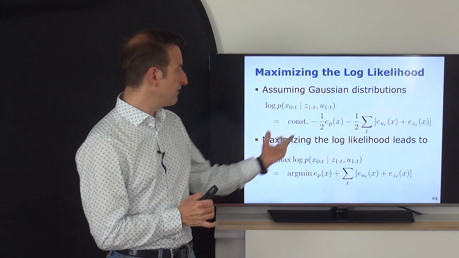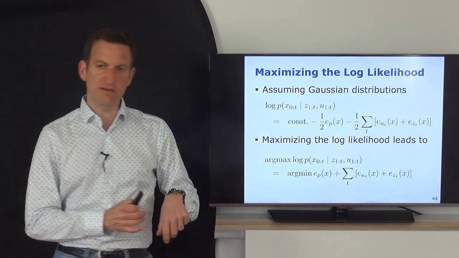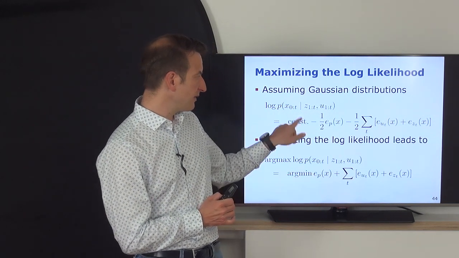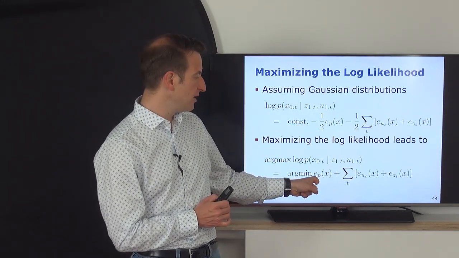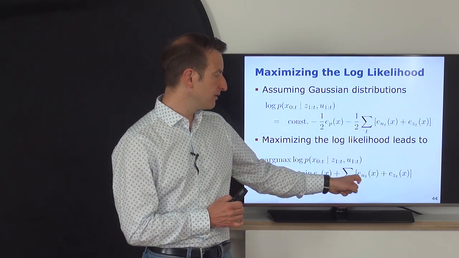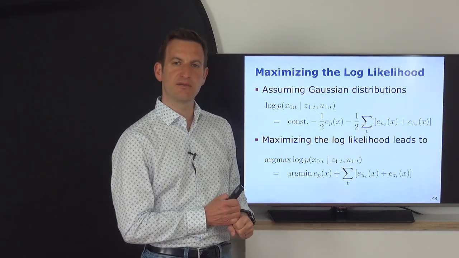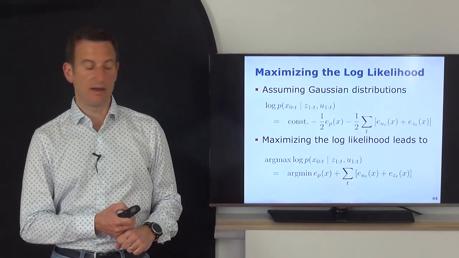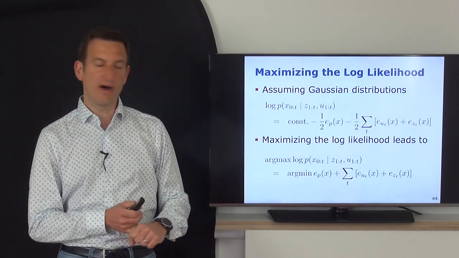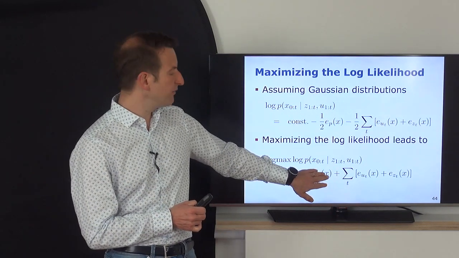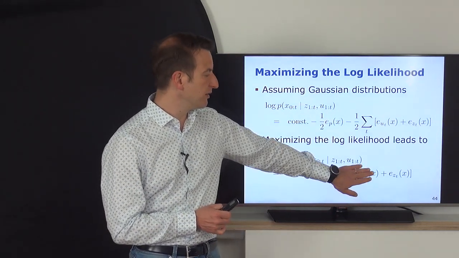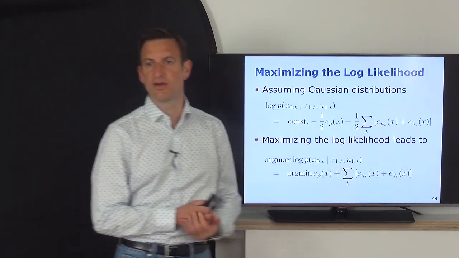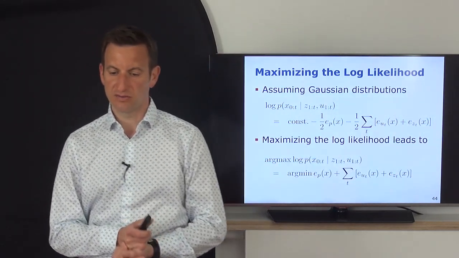So maximizing the probability distribution is equivalent to minimizing, I can ignore the constant, my prior plus the errors resulting from motion commands and the errors from my observations. So far, we didn't look into a prior before, and we didn't look into the commands so far. We basically had only the sum of the errors of the individual observations.